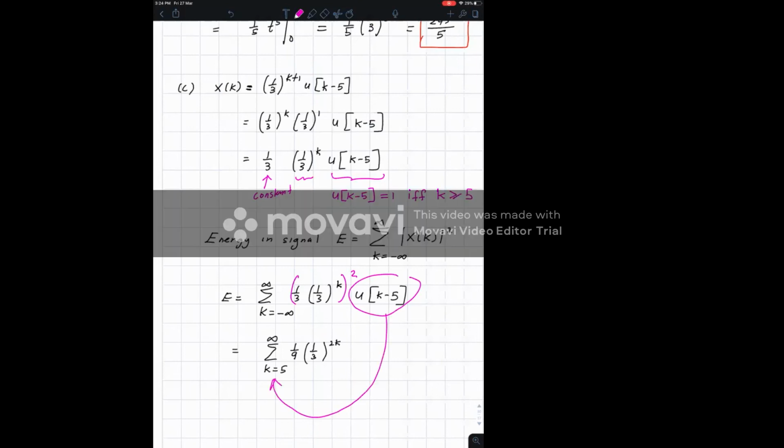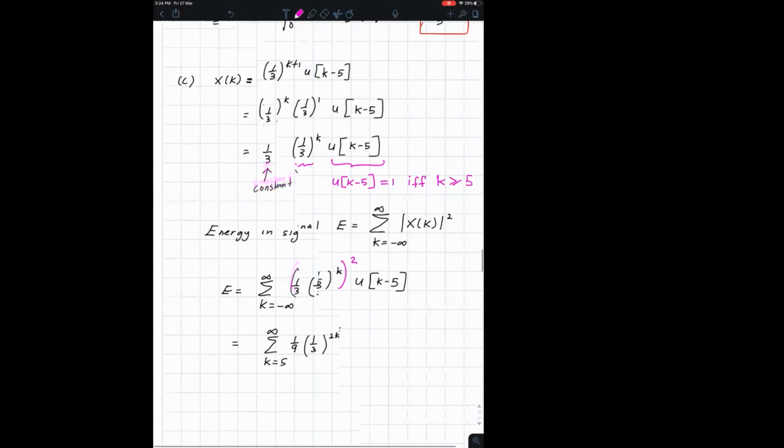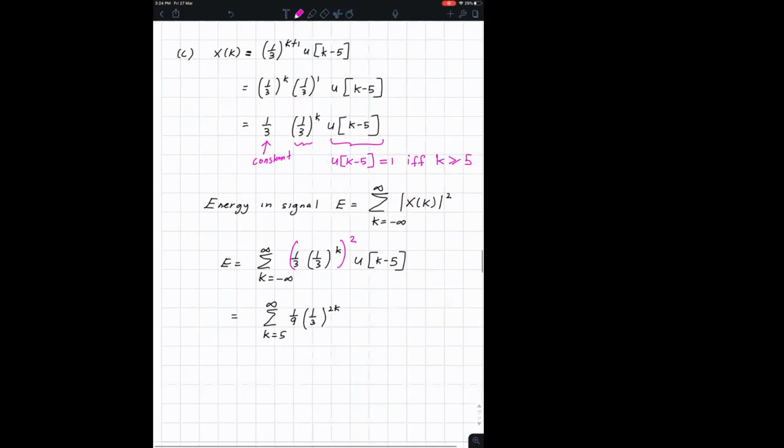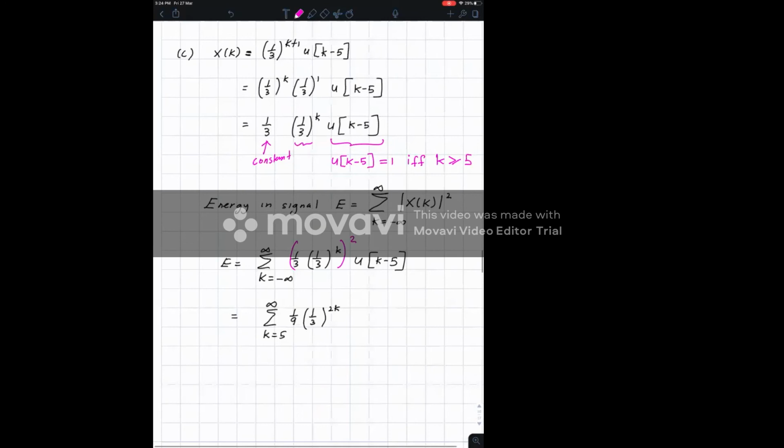So after this, what are you going to do? Again, you want to make sure that you put them in a standard form. You will see what I'm trying to do. k equals 5 to infinity, 1 over 9, and then I can also do this.